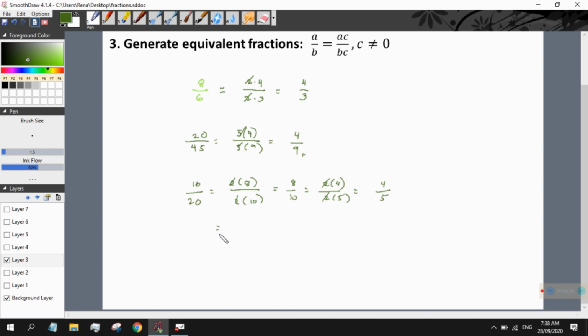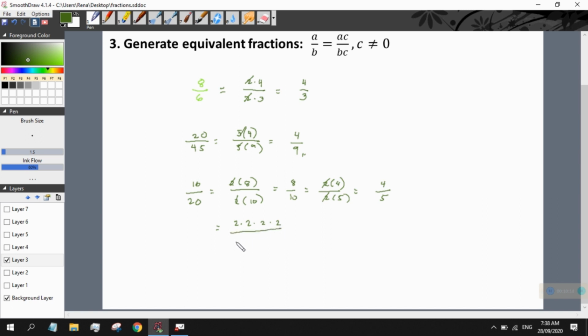Another method nga pala, you can also perform prime factorization. For example, for 16, let us factorize 16 using all primes. So we have 2 times 2 times 2 times 2. Because 2 times 2 is 4, times 2 again is 8, times 2 ulit is 16.